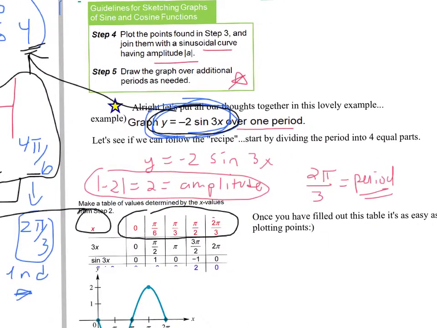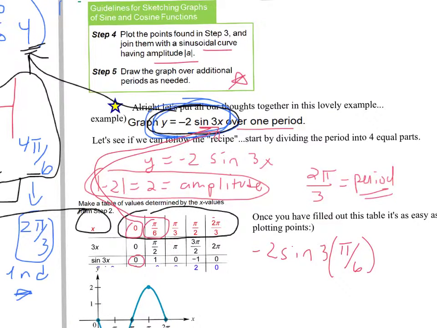So you might be thinking, okay, take 0, store it in. Well, sine of 0 is 0, so we know that output value is going to be 0. Now let's take pi over 6 and store it in. If you don't like mental math, you're going to want to write this out. So -2 sine of 3 times pi over 6. That's -2 sine of 3 pi over 6, which is basically pi halves.